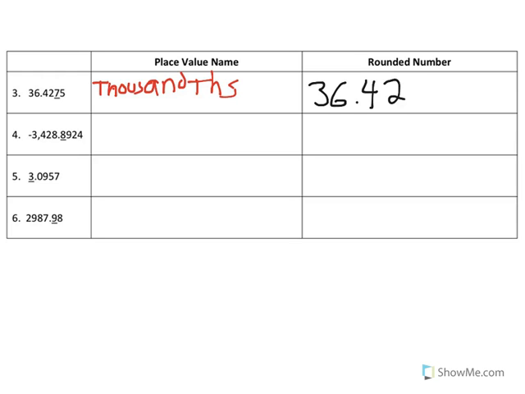I'm going to do an arrow instead of a circle just because of space. So we're going to look at that 5. 5 is in the 5 or more. Remember, it's 0, 1, 2, 3, and 4 stays the same.